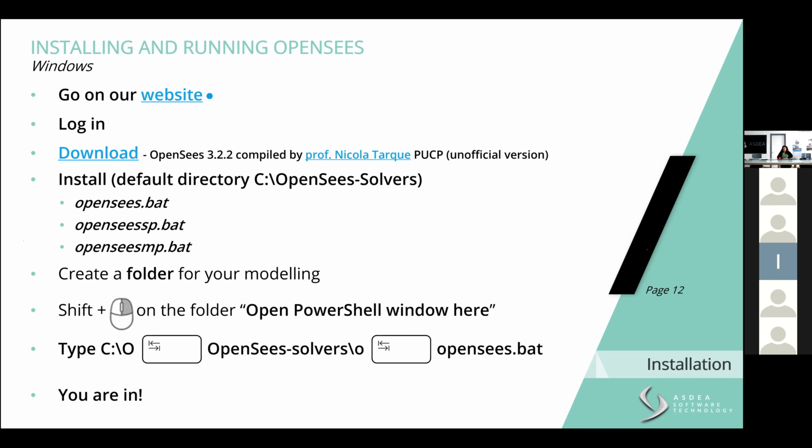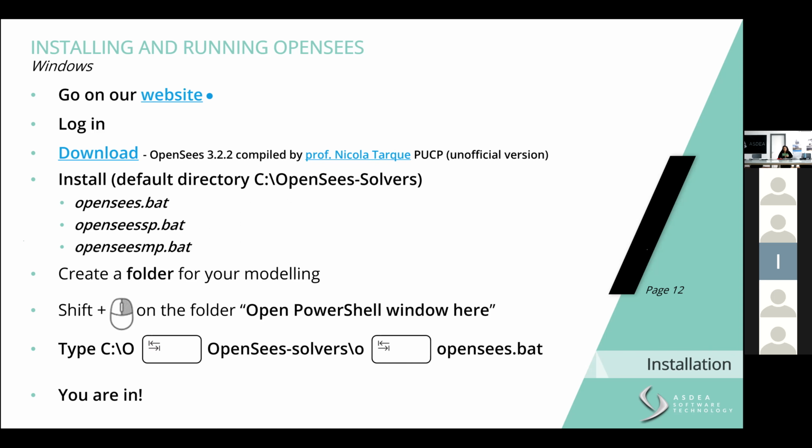This default directory will be called like this: C OpenSees solvers. In this default directory, you will find 3 BAT files. These 3 BAT files are to run OpenSees in different ways. So first, you can run OpenSees sequentially. Then you can run OpenSees in parallel in 2 ways: single processor or multiprocessor.